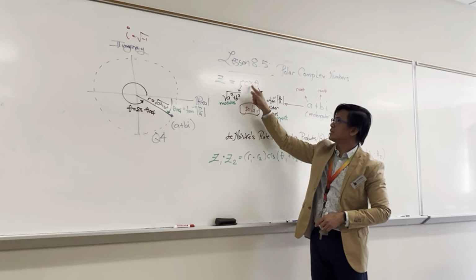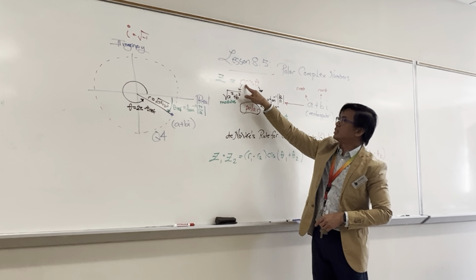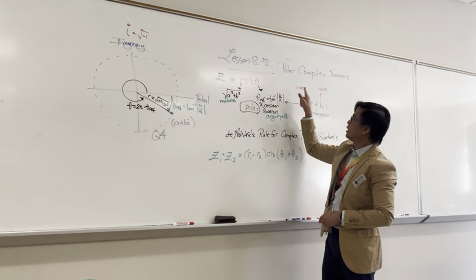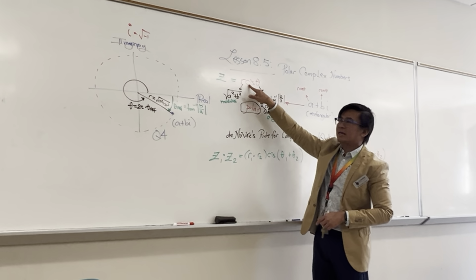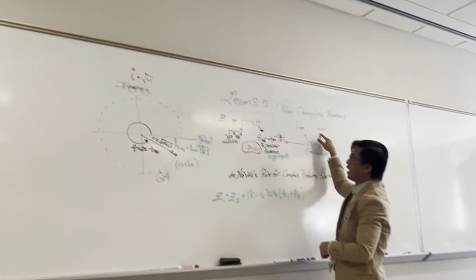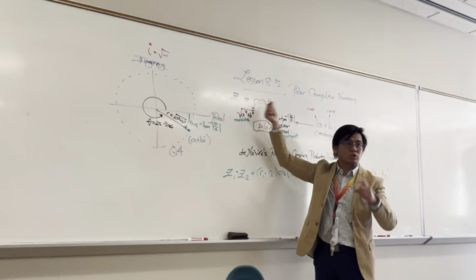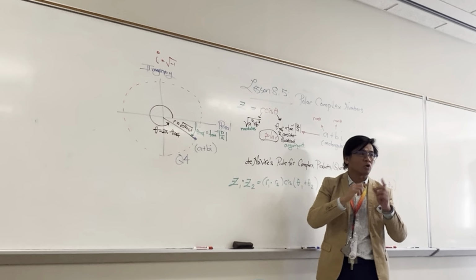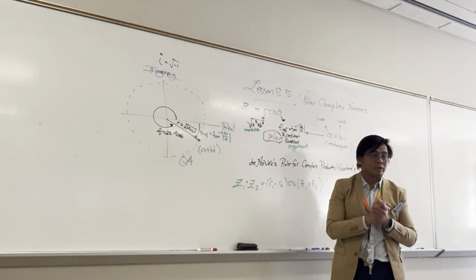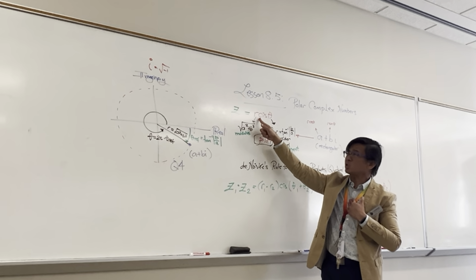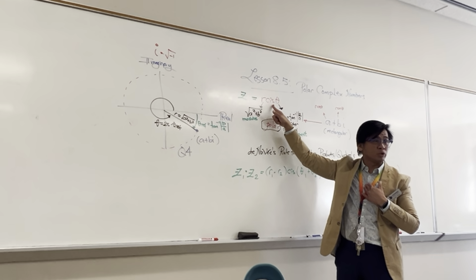So when you say r cis theta, the c means cosine theta, plus i, and the s stands for sine theta. The c corresponds to x, the real, and the s corresponds to the imaginary counterpart.